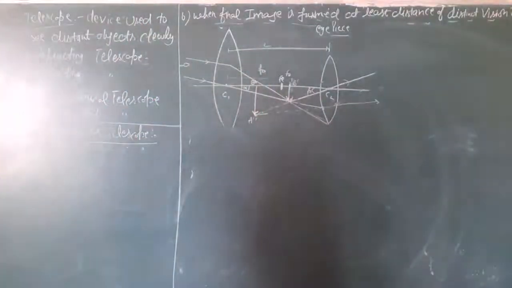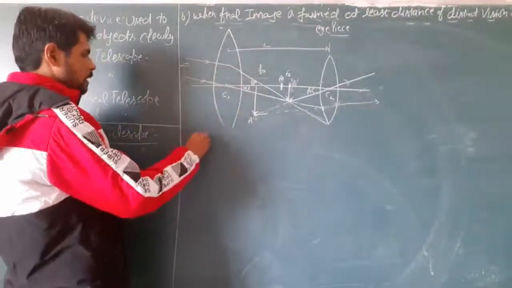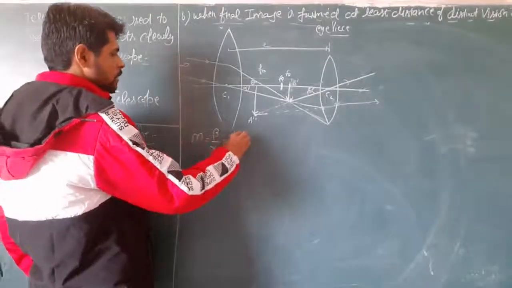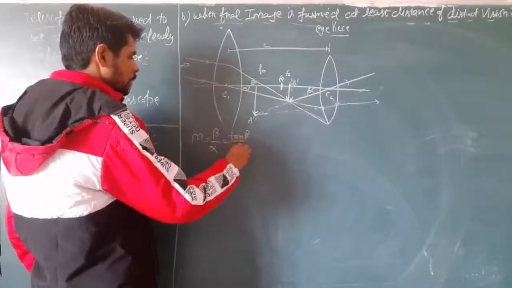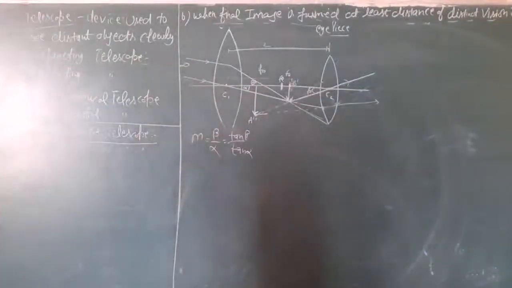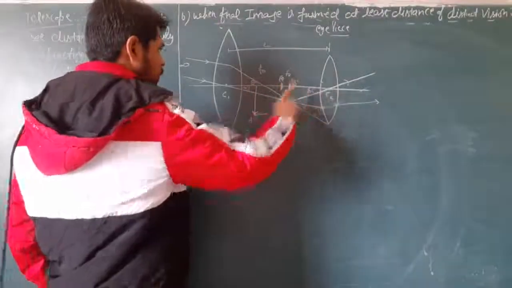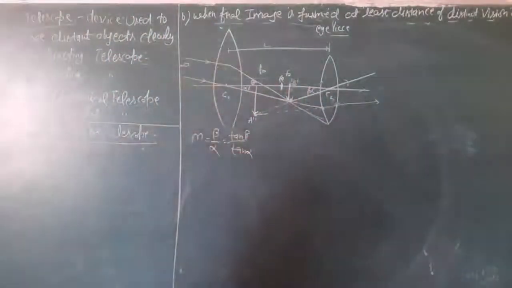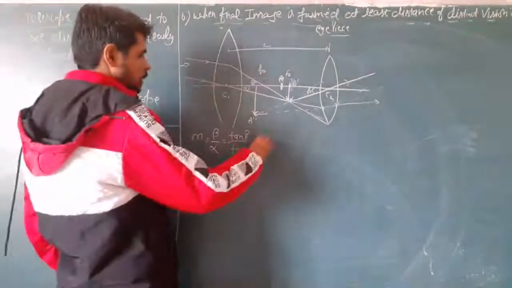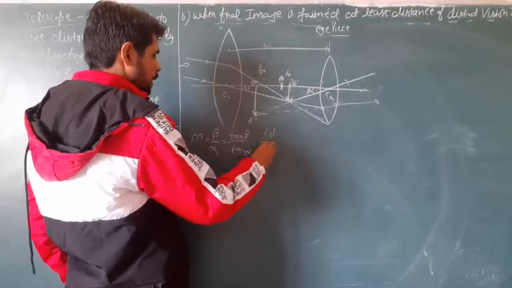Now again what we are calculating is the magnifying power of the compound telescope or astronomical telescope, you can say beta by alpha, that is tangent beta upon tangent alpha. Now what will be the value of tangent beta? We are again taking the shorter triangle. Tangent beta is A dash B dash divided by B dash C2.